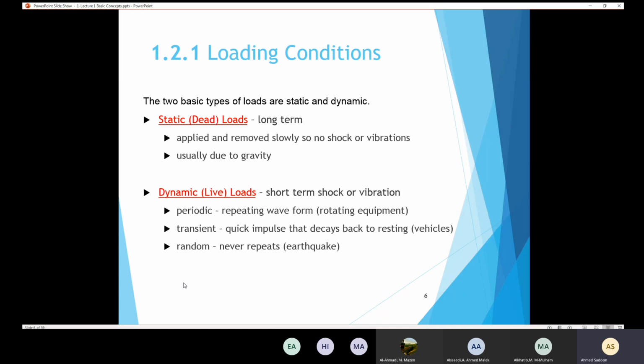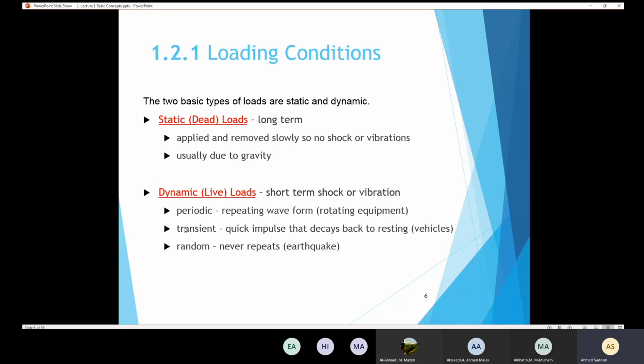But that load is going to cause a quick impulse, and when the car crosses the bridge, that impulse is going to stop, or is going to decay back to resting. So you are going to have dynamic load, but after a short time it is going to stop.